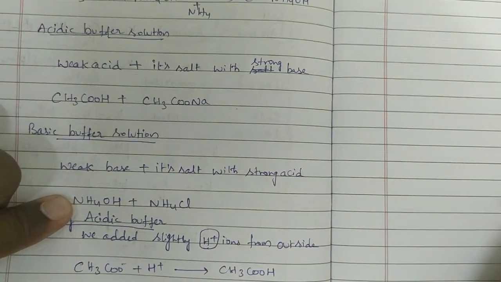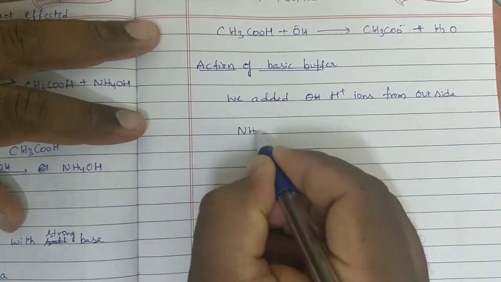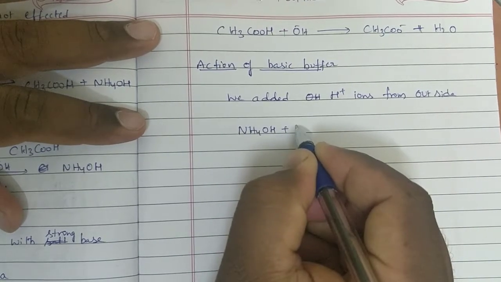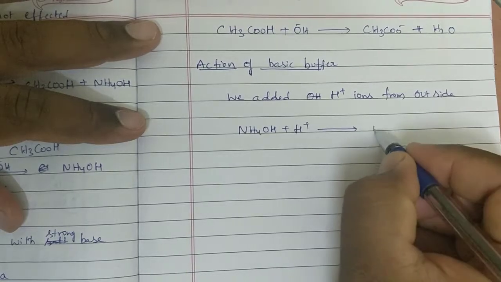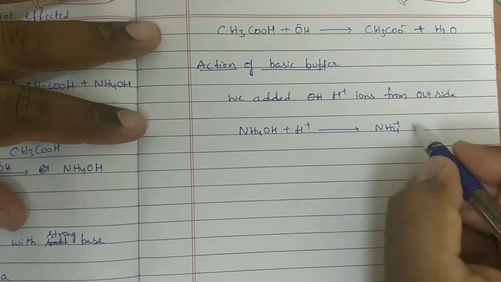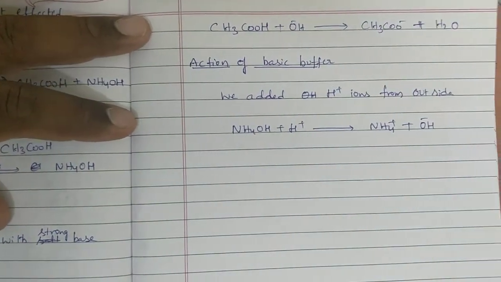H plus ions react with undissociated NH4OH. So NH4OH reacts with H plus ions to form NH4 plus plus OH minus.